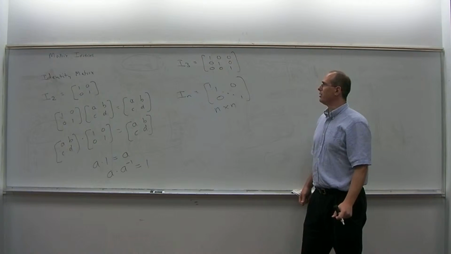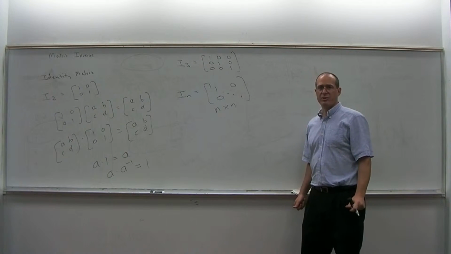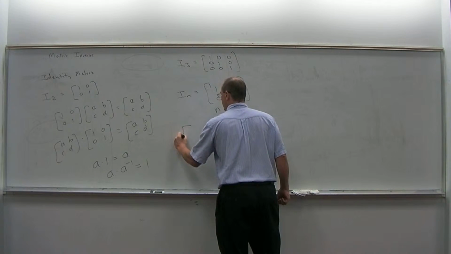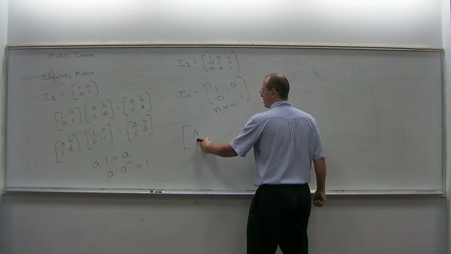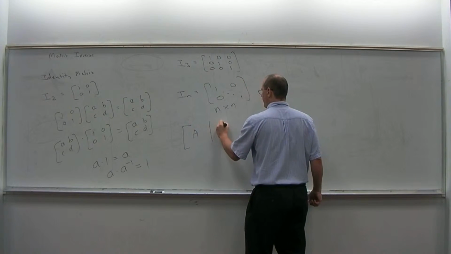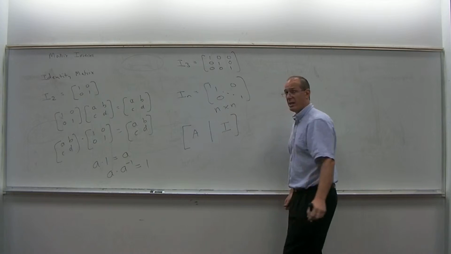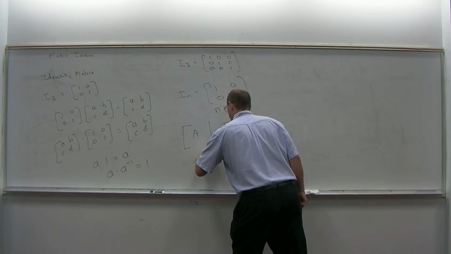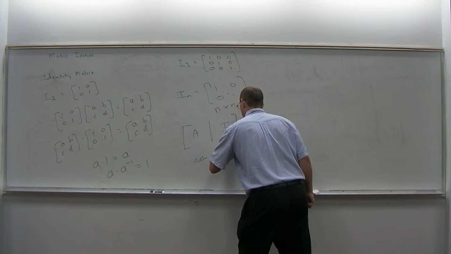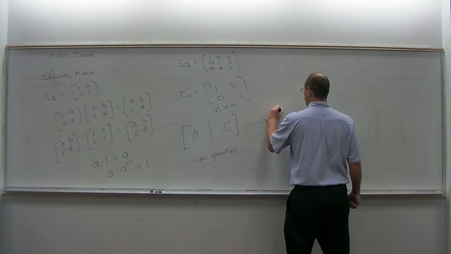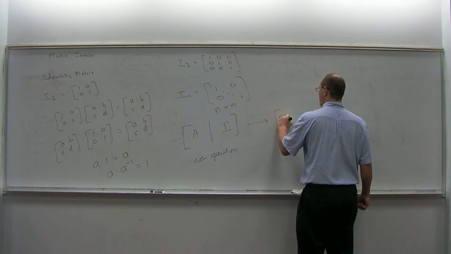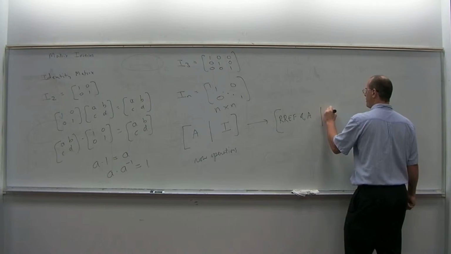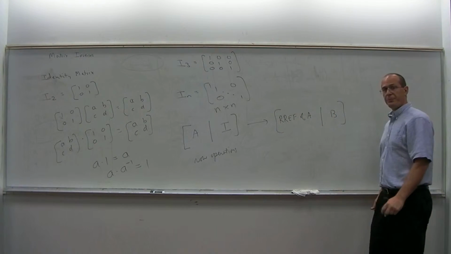So in this video, we're going to compute the inverse of a matrix. And the way we do that is by using reduced row echelon form. If we have a matrix that's square, then we put next to it the identity matrix of the same size, and then we do elementary row operations to carry this to reduced row echelon form of A, and then some other matrix on the other side.